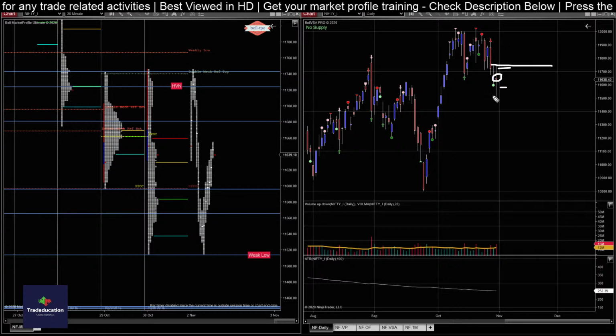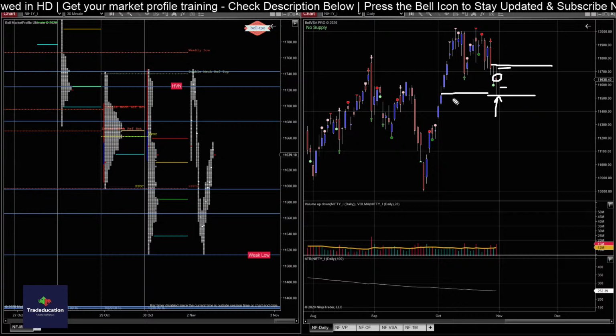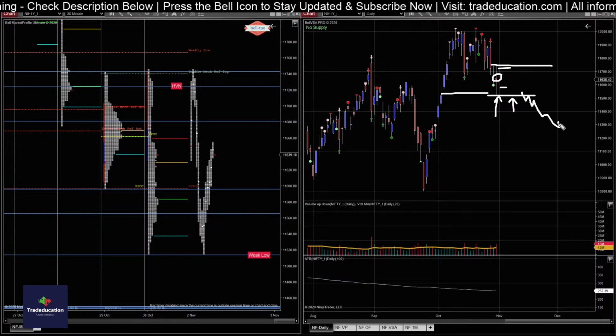Okay, so we can say that we are in a 2-day balance, and also the low of yesterday's, or Friday's, auction is at a very visual reference level. So this low is weaker. Today I'll be expecting the 2-day balance, and I'll be looking at whether we look below the balance and continue, or look below the balance and fade.